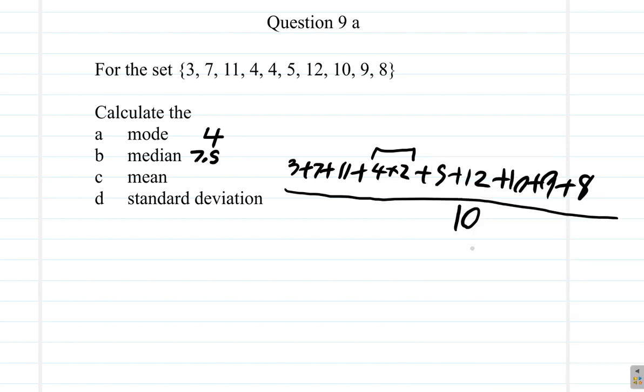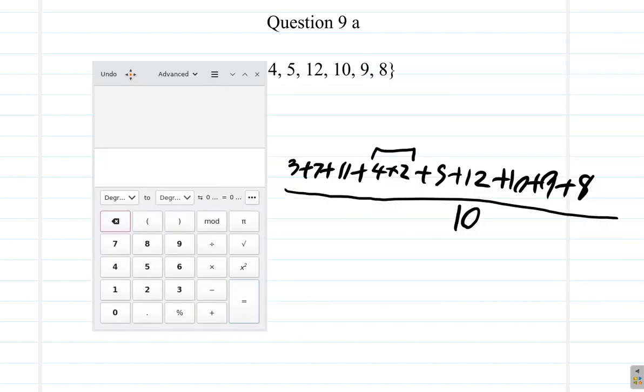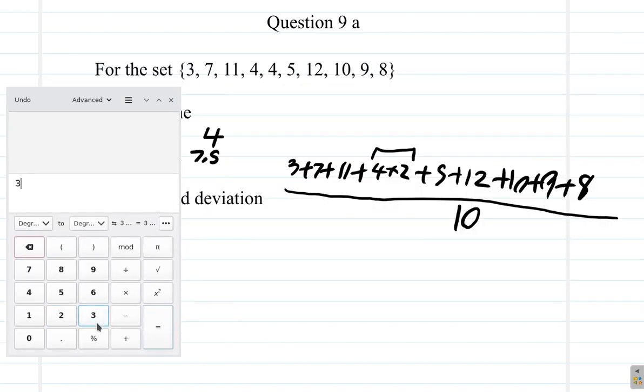Let's see what our calculator has to say. We have 3 plus 7 plus 11 plus 4 2 is 8 plus 5 plus 12 plus 10 and 9, 19 and 8.